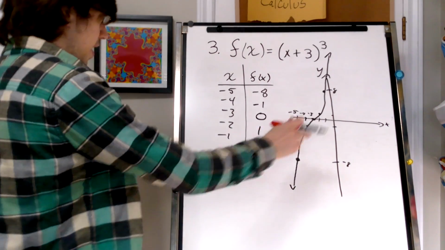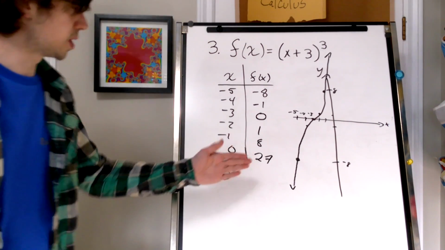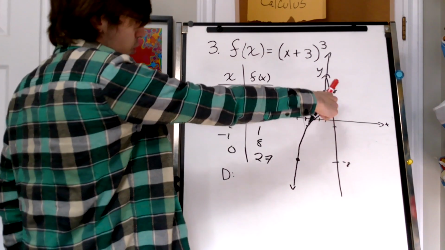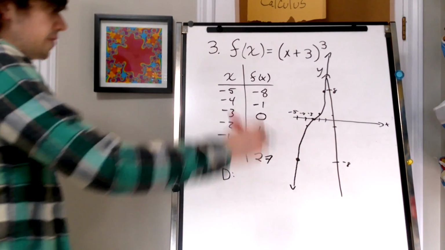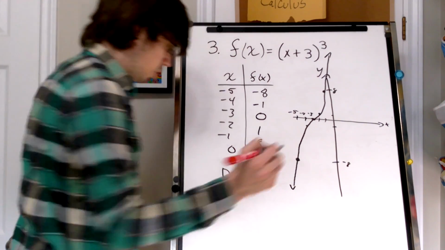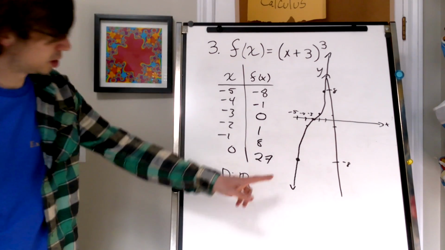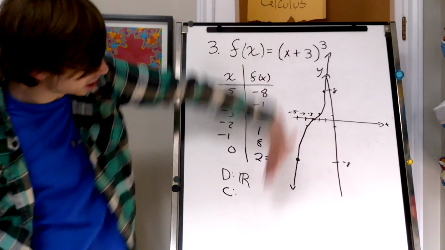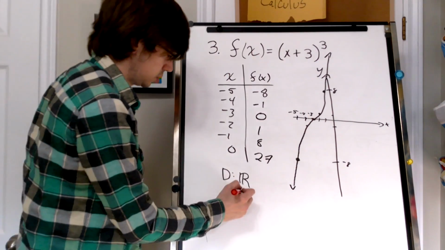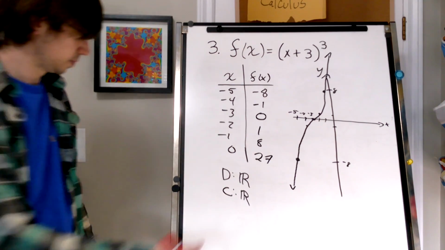Questions. We have the domain. What is it? Domain is everything on the x-axis. This is going to continue left, continue right forever. So let's just say all real numbers. The codomain is the y-axis, and we're going to go down forever and up forever. We didn't stop anywhere, so all real numbers.